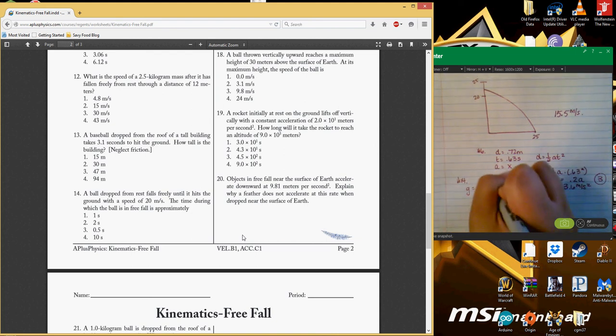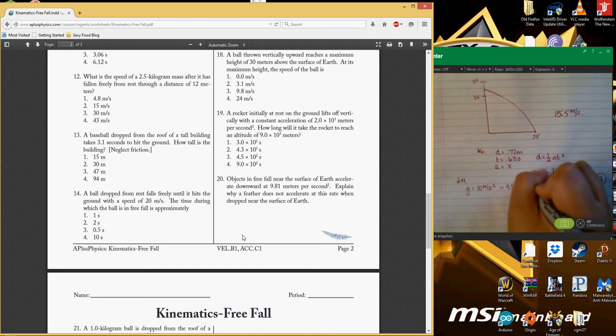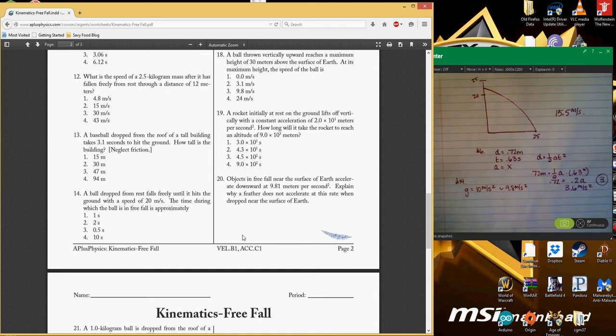Alright, next would be question number 14. A ball dropped from rest falls freely until it hits the ground with a speed of 20 meters per second. The time during which the ball is in free fall is approximately.